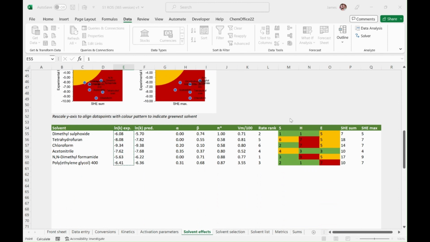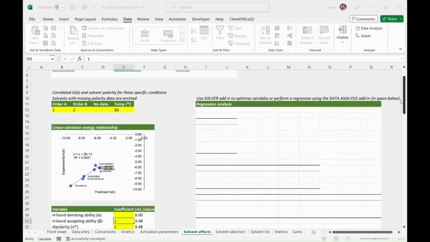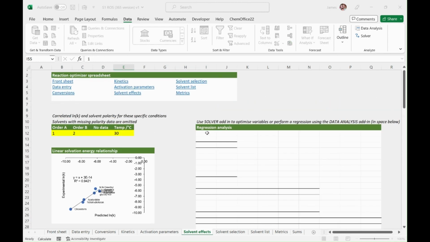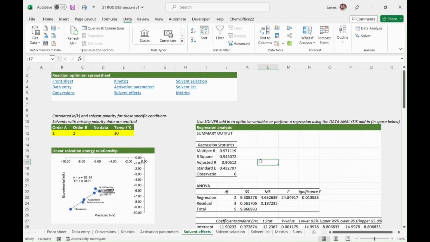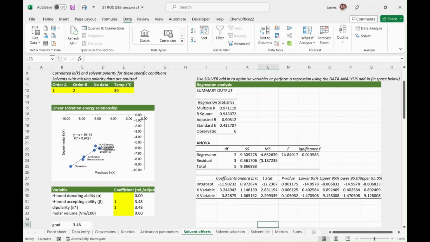So I shall highlight them for the applicable solvents. Now we want to make a correlation based on beta and pi star, which is our hydrogen bond accepting ability and dipolarity. So I shall highlight them. A data table will be produced, and we need the space for that. So I shall have it in this area here on the spreadsheet. And then we get this data analysis here.